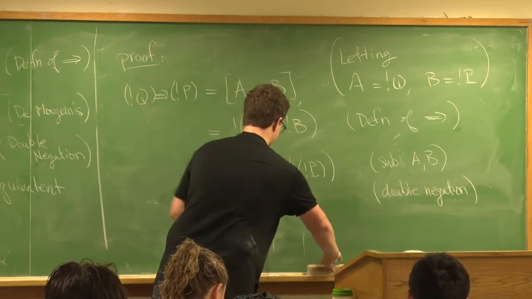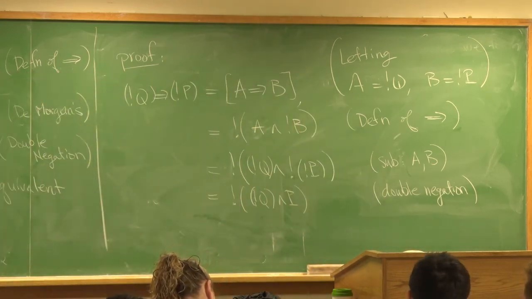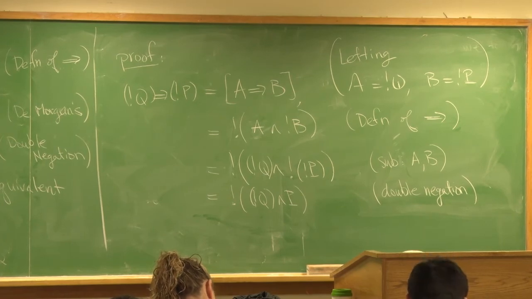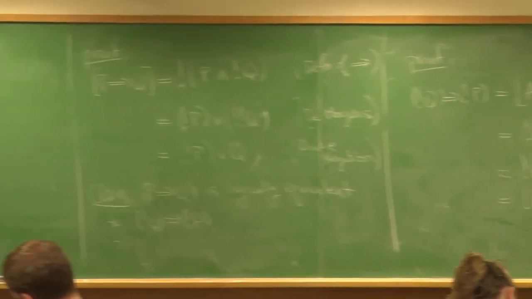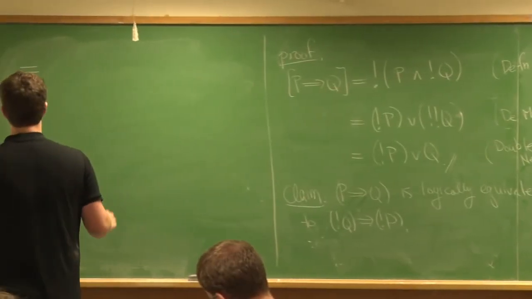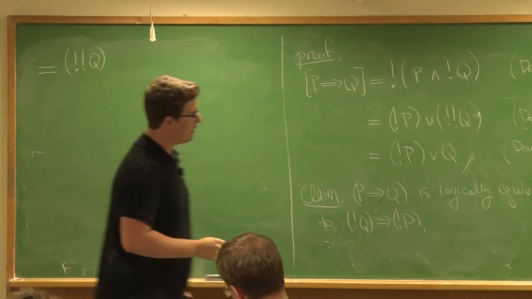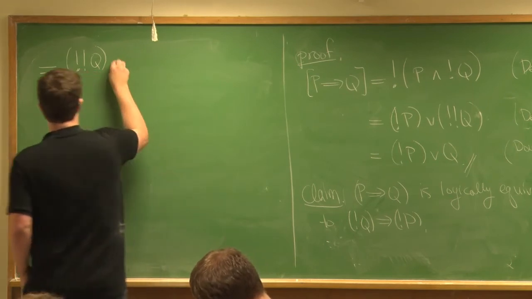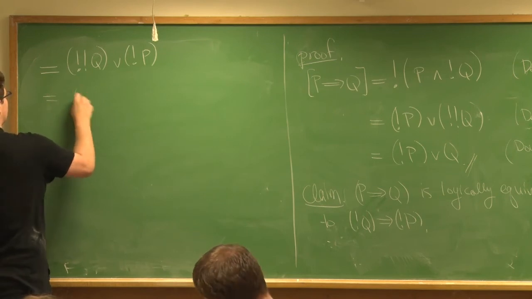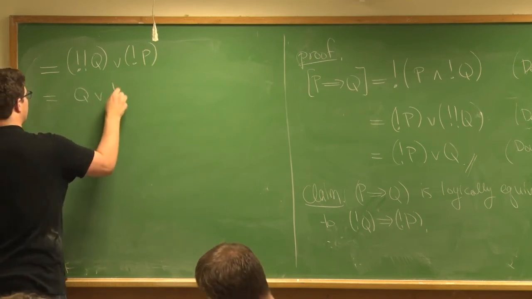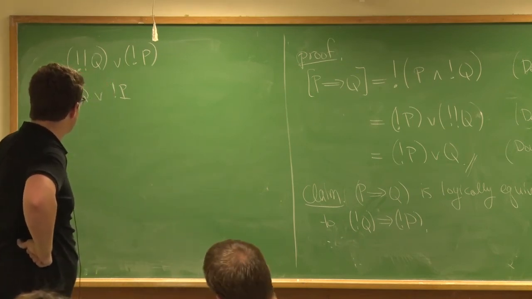Okay, and so now for this line, we'll use De Morgan's again. So this is equal to, okay, so we'll distribute this. So this is equal to not Q, and turns into an or, not P. Okay, so this is Q or not P. And now what is this one?